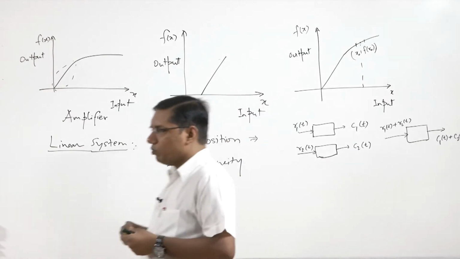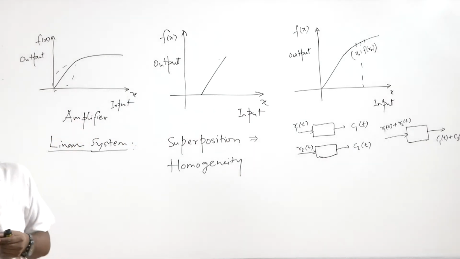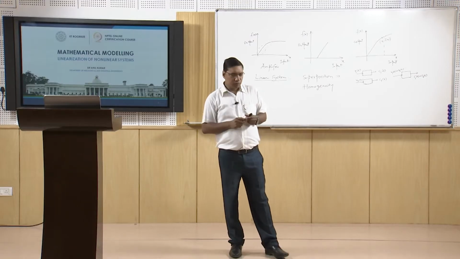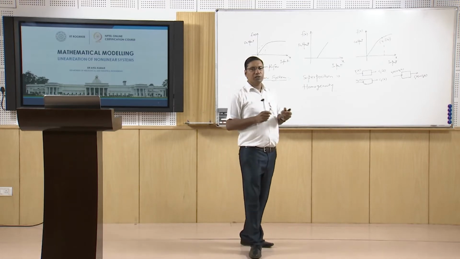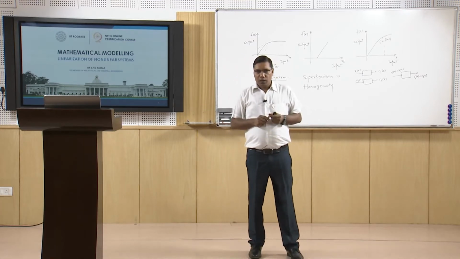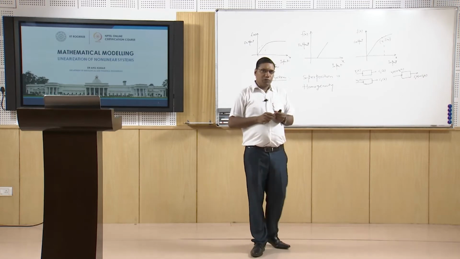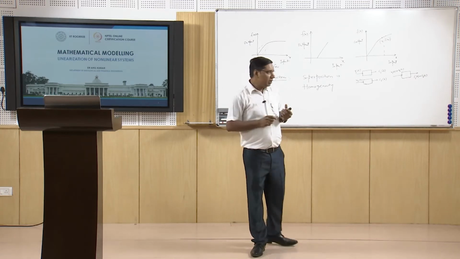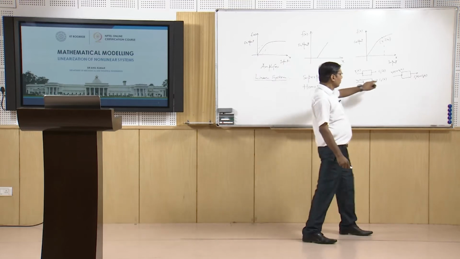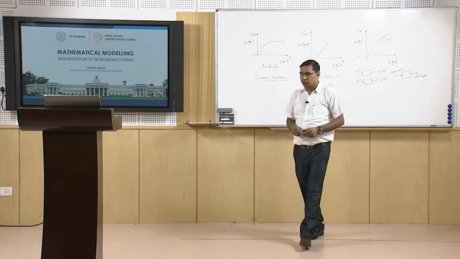So that is superposition, because the system is subjected to two different inputs and we are getting two different outputs. Now when the sum of the inputs is applied, we should get the sum of the outputs.